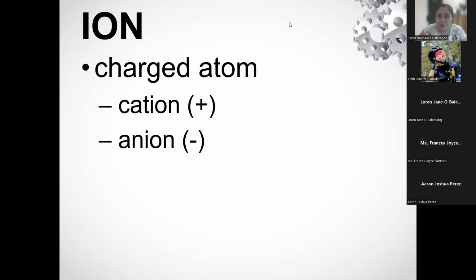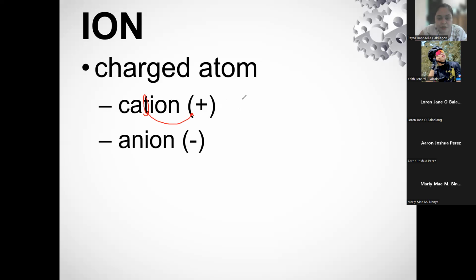So when you hear the word cation, do not forget these are positively charged ions. So the T here for the cation should give you a hint, these are the positive ones. Therefore, if these are the positive ones, definitely anions are the negatively charged atoms.